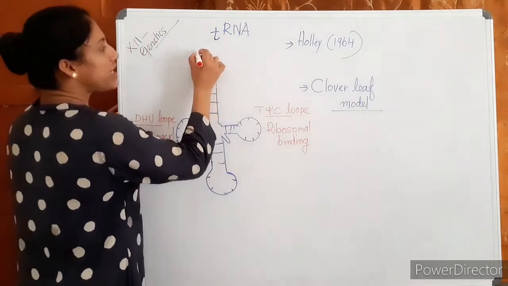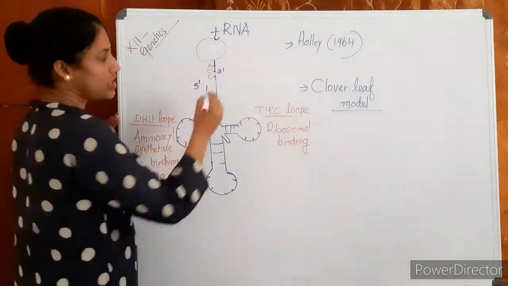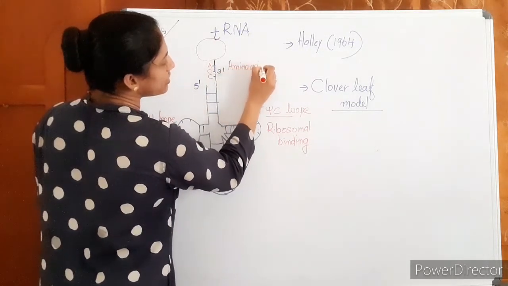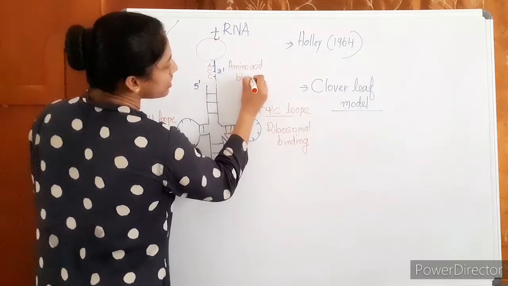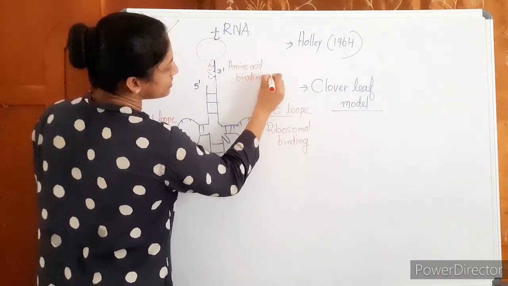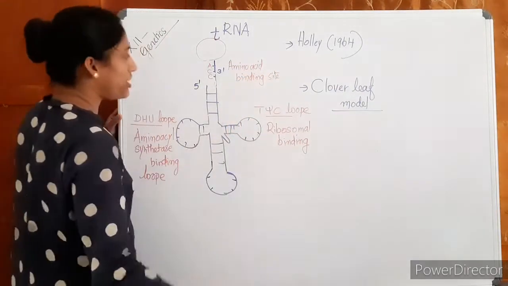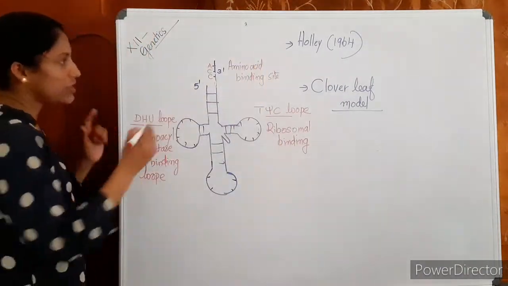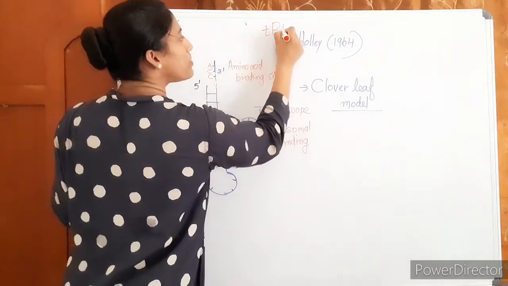So this end binds with an amino acid. This is the amino acid binding site. Amino acid is attached to this place. Now no need to draw any amino acid there, we will discuss it.